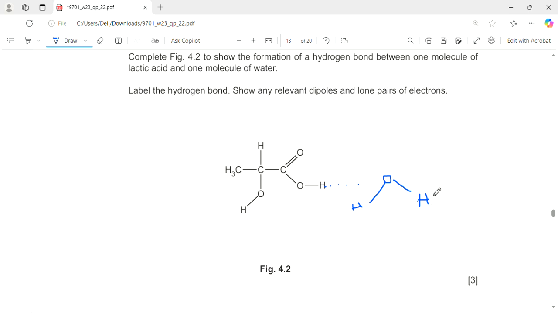Okay. I think there is a lone pair on the oxygen. Yes, and it should be negative.